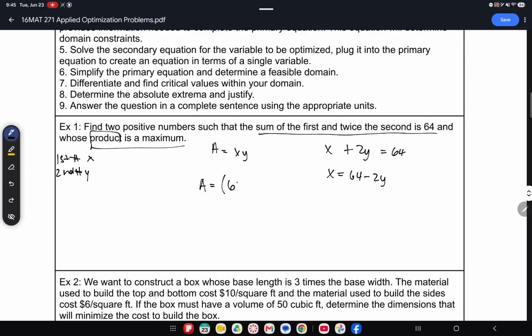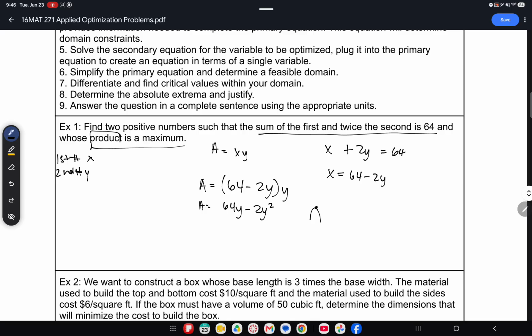So instead of X, I have 64 minus 2Y, and then times Y. Let's go ahead and just distribute that. So 64Y minus 2Y squared. And we should be able to recognize that that's a downward facing parabola, right? So we're going to have a maximum, and I just need to find it. So I want to find the two numbers.